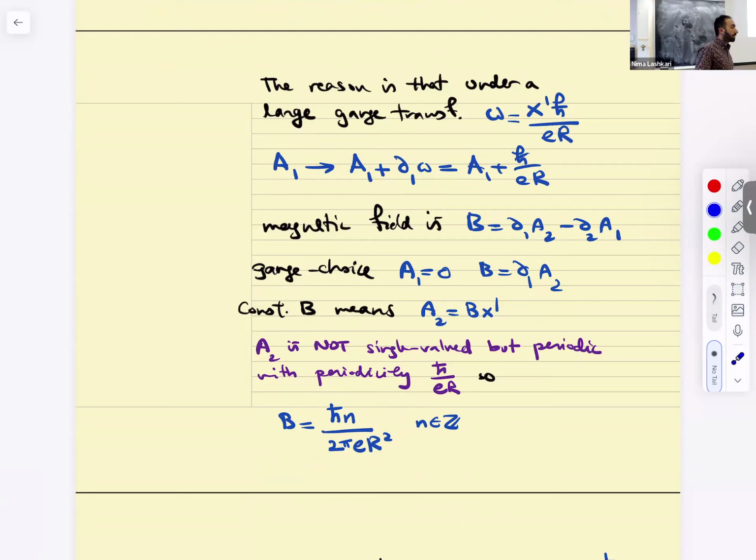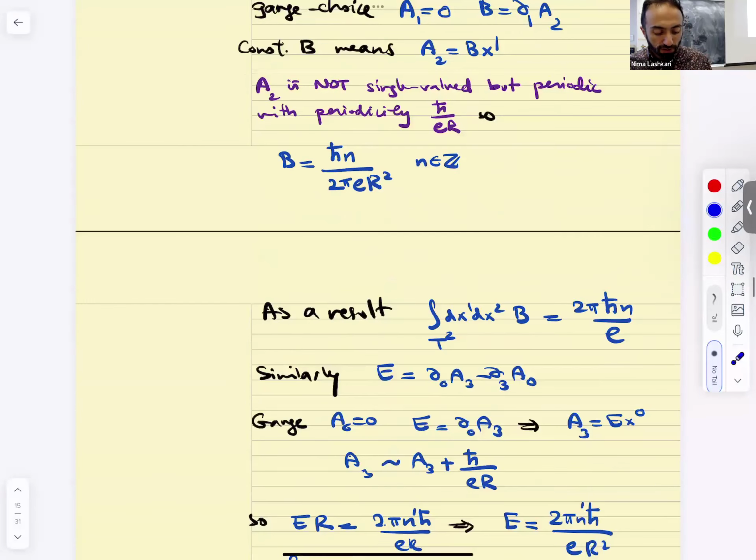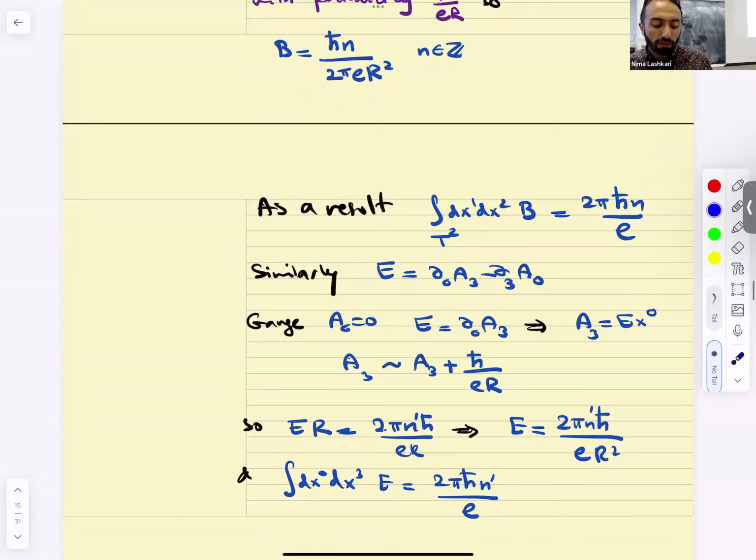The amount of flux through this volume is quantized; it's just an integer. Flux quantization.